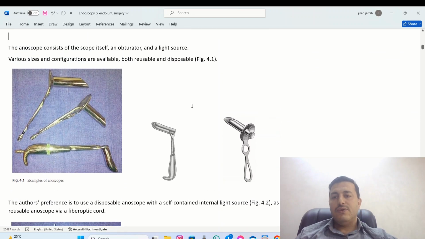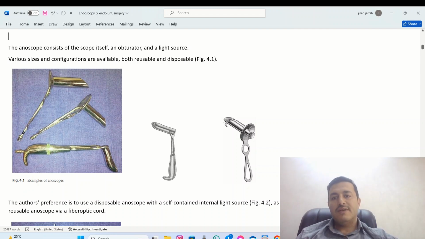As you see in front of you, we have different types of anoscope. You can see here this type of anoscope, I think called Fansler or something like that. This is the classic anoscope we use. You notice this edge is beveled a little bit.